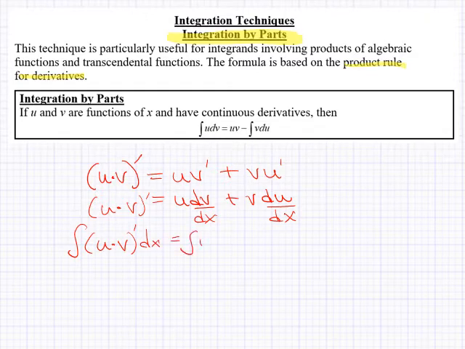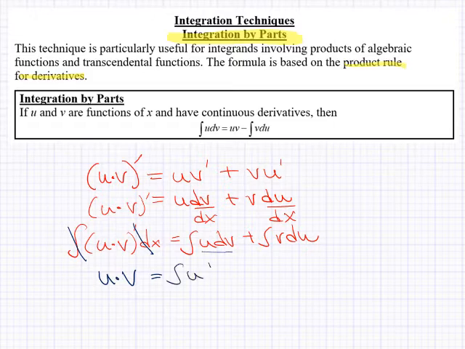Then I'm going to do the integral of u dv plus the integral of v du. Well, if you're integrating the derivative, these just cancel each other out, so you get u times v. And here, you don't know what these functions are, so these will stay u dv plus the integral of v du.